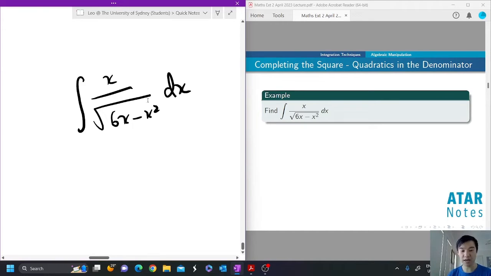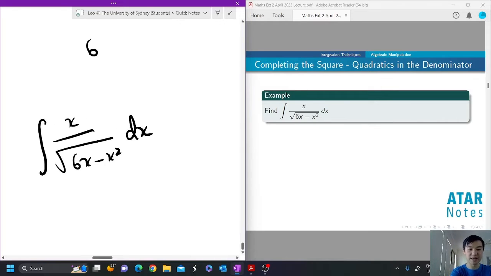So let's try to manipulate it so that the top has the derivative of the bottom. Within the square root is the function 6x minus x squared, and the derivative of 6x minus x squared is 6 minus 2x.